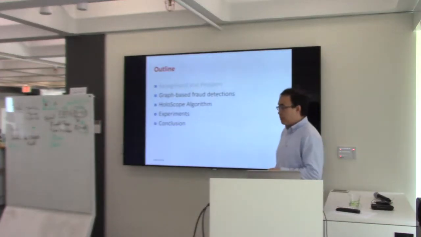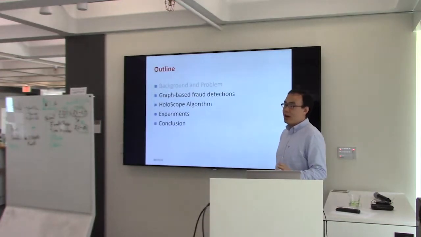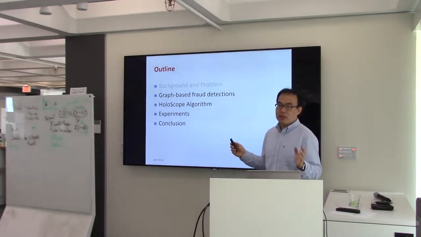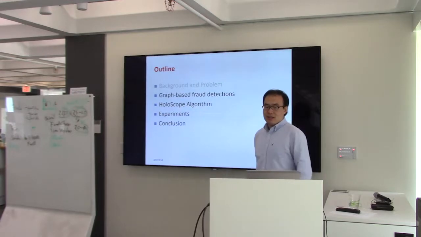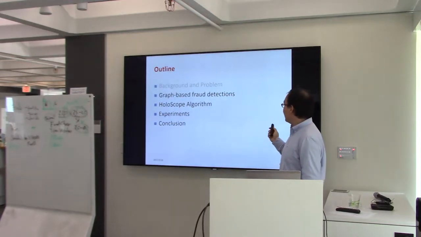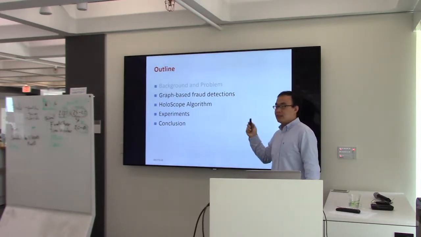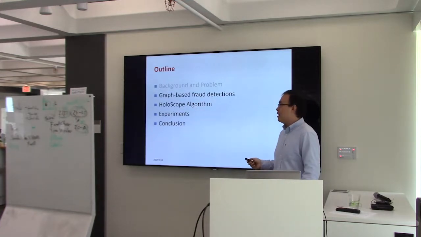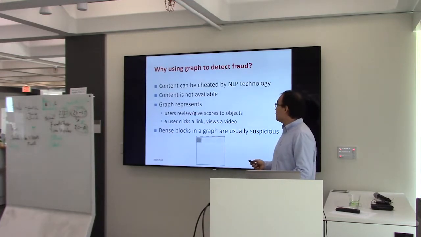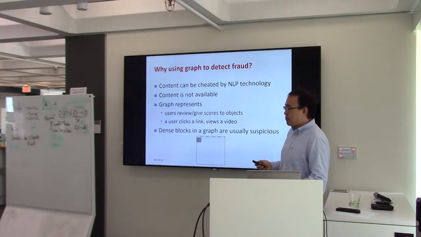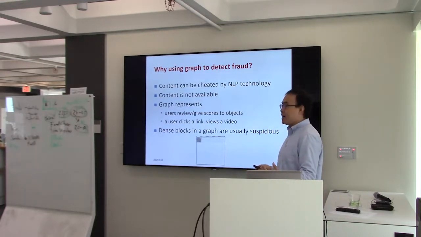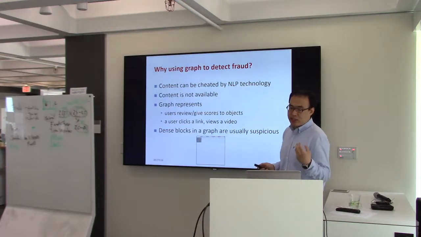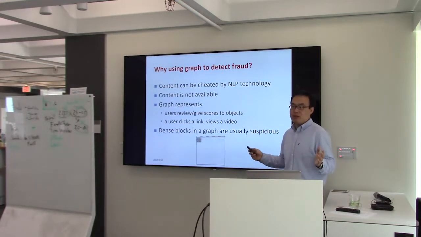Next, I want to talk about why we use a graph to detect fraudsters instead of other information. I will talk about previous work on graph-based fraud detection. To answer why we use the graph: because content can easily be cheated by NLP technology right now.